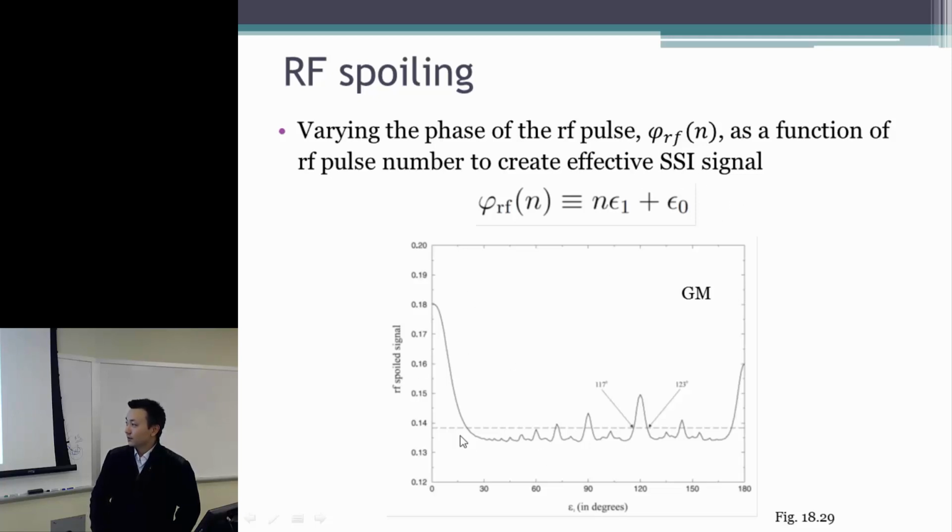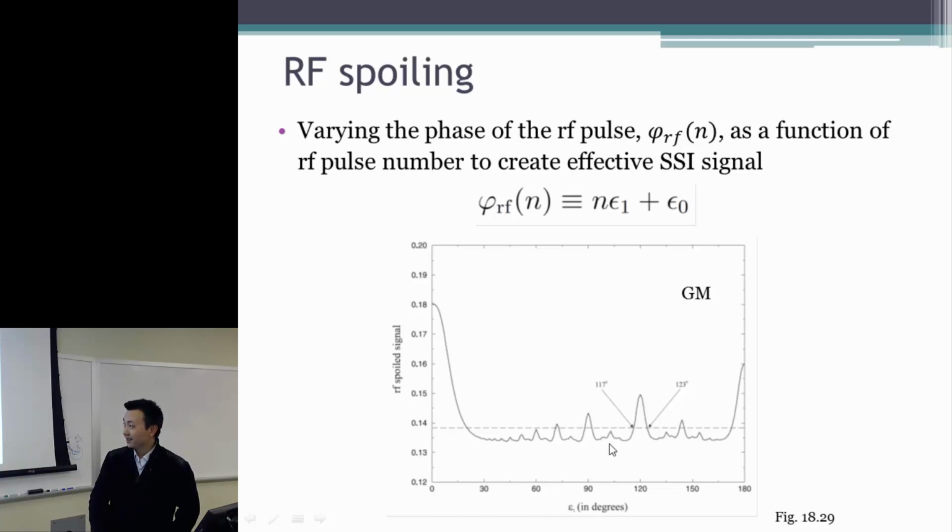So this is the simulation of the gray matter, and we can see that this is the expected signal level of SSI, and this is the signal intensity if we vary the RF phase by applying this phase increment to the RF pulses.